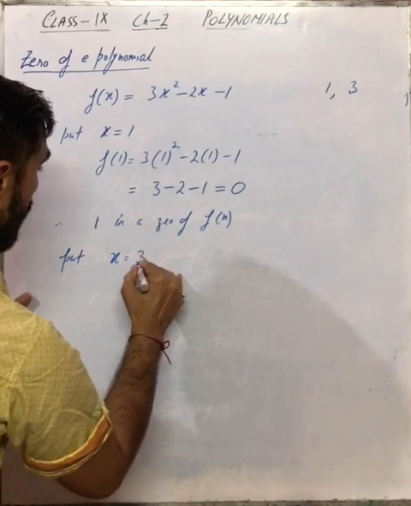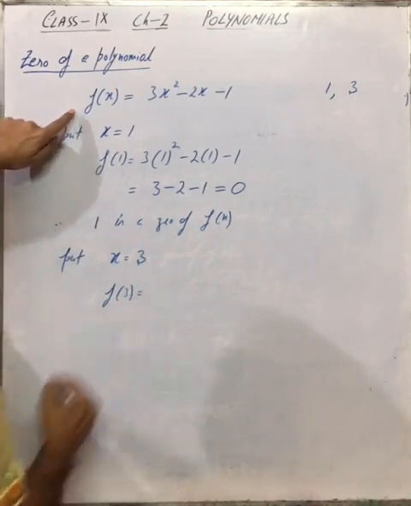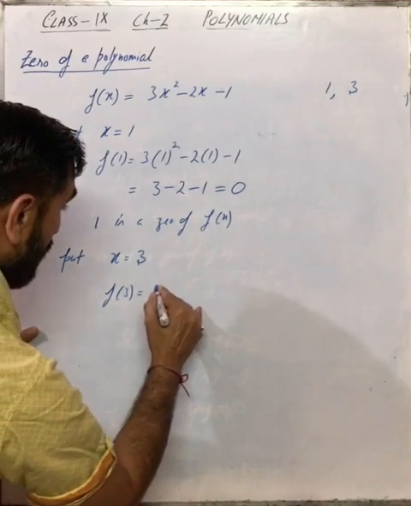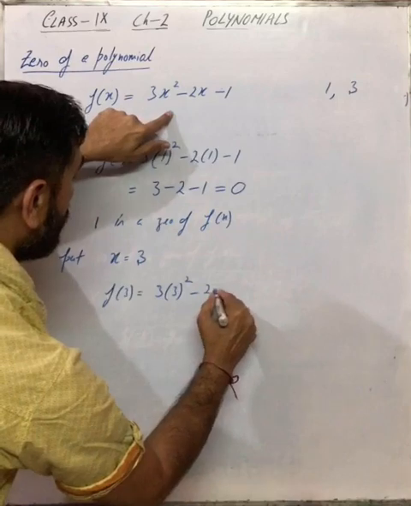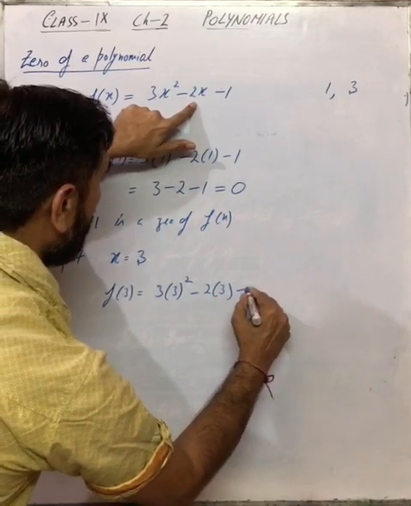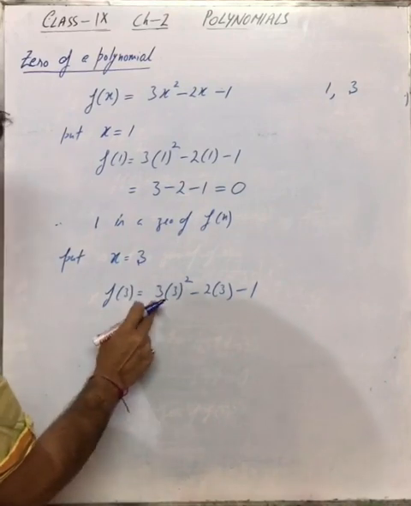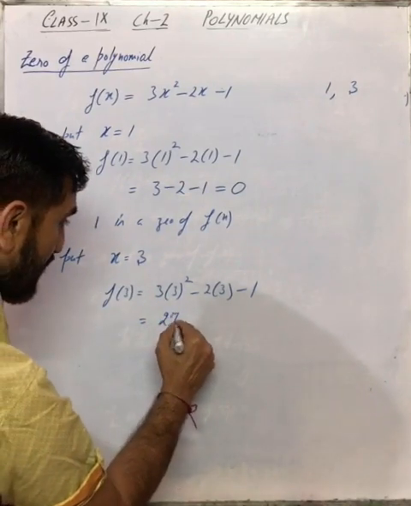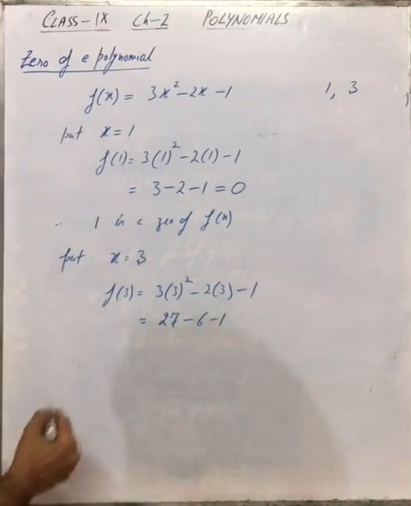Now the second value is 3. Put x is equal to 3. So f of 3 is equal to 3, x is replaced by 3, minus 2 into 3 minus 1. So 3 square is 9, 9 3s are 27, 2 into 3 is 6, minus 1.